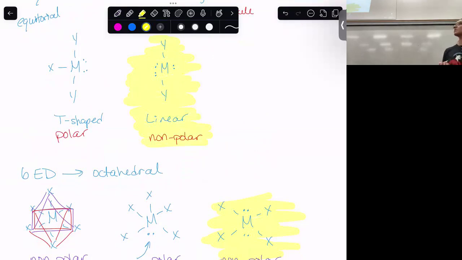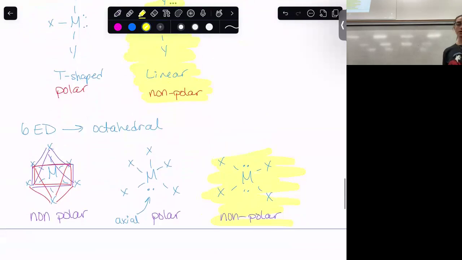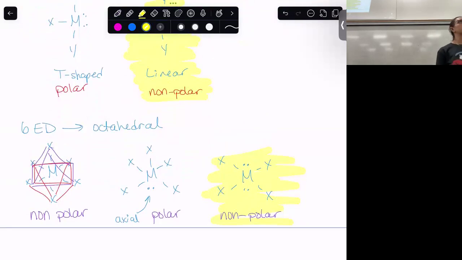Anything else, if you see a lone pair, you can confidently say that it's a polar molecule. If you see only one lone pair, it is always polar. If it's two or three, you just need to check to make sure it's not one of these two special cases.